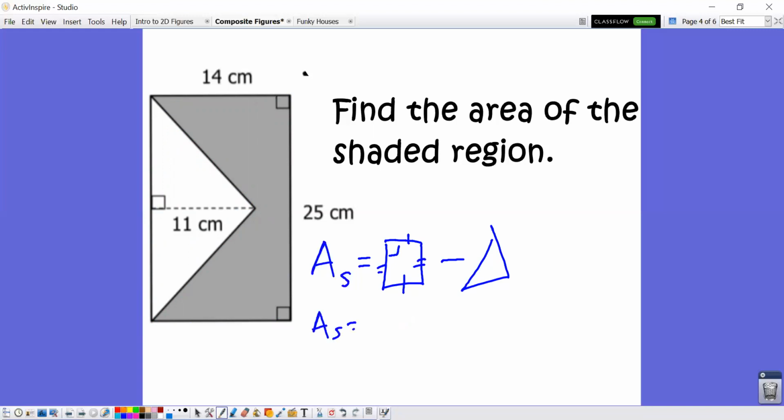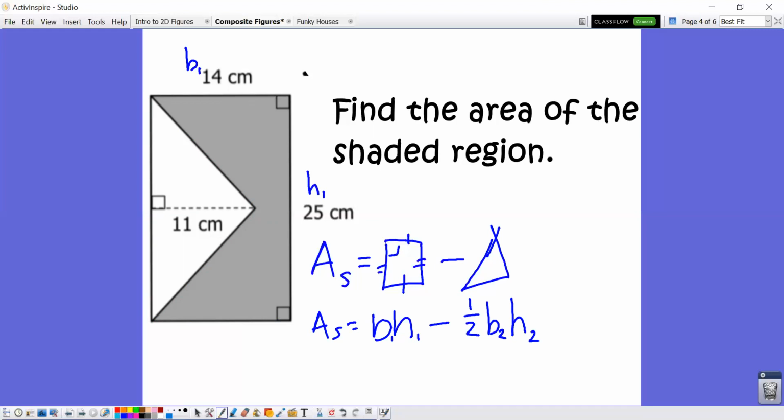Okay, so our shaded area is our rectangle minus our triangle. I'm going to call these B1 and H1, and B2 and H2, because my triangle's base is not necessarily the same as my rectangle's base. Over here, this is my B1 of my rectangle.